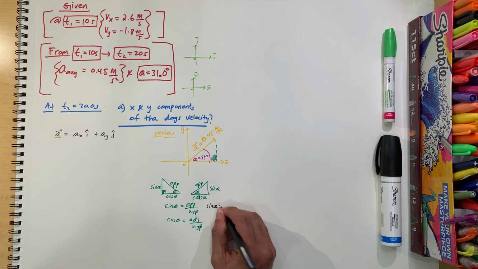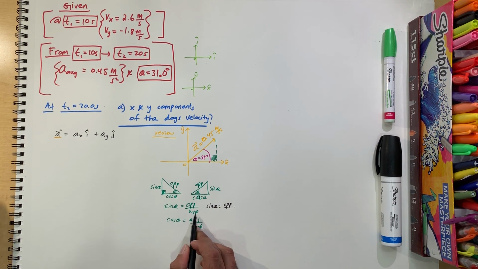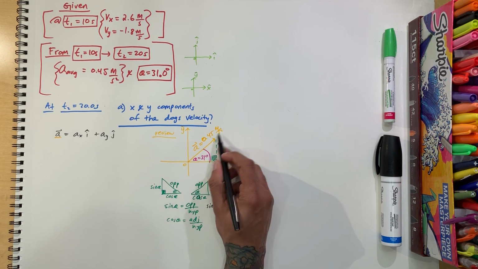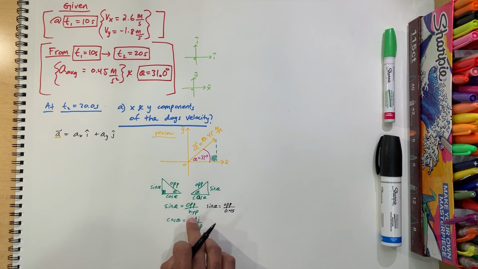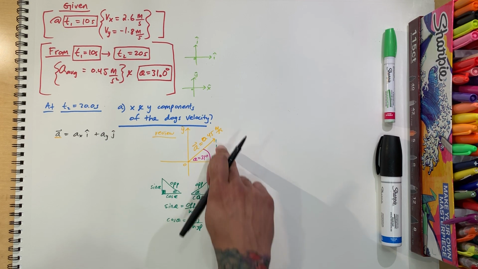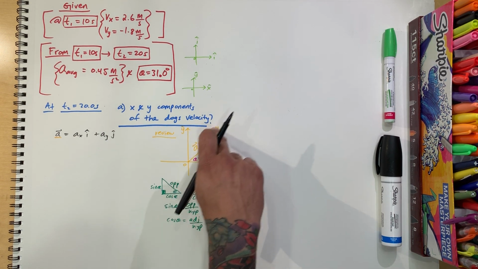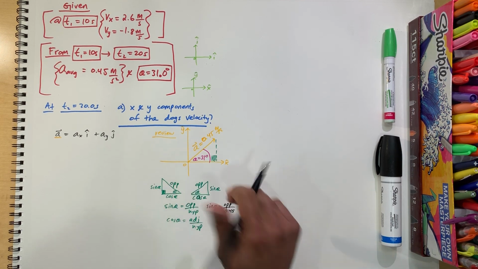So sine is equal to opposite, which we don't know, over hypotenuse, which we do know, 0.45. I'm going to leave out the units for now. Opposite is the area we're interested in, and hypotenuse is this piece right here, always across from the 90 degrees.